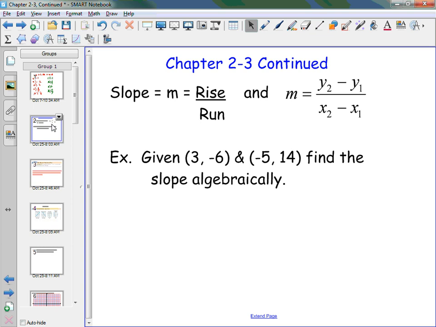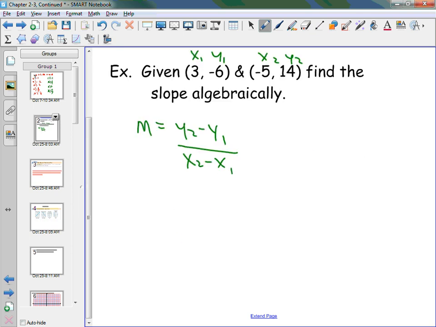So step 1, what do I do? Label. So this is x1, y1, this is x2, y2. Next step, what do I do? Write the formula. m is equal to y2 minus y1 over x2 minus x1. Step 3, what do I do? Plug and chug.